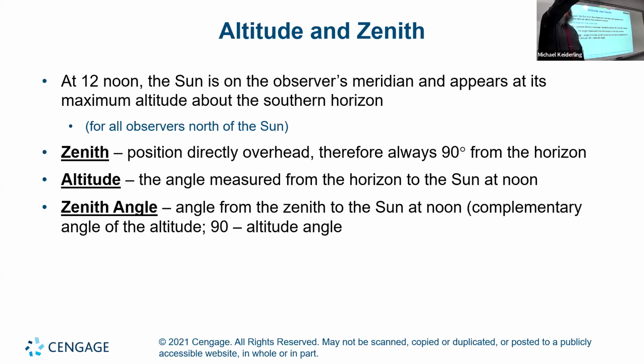So you're measuring from looking out at the horizon up. And the zenith angle is the angle from the zenith down to the object. And that is always going to be 90 degrees minus the altitude. Because the altitude plus the zenith angle gets you to the zenith, and the zenith is 90 degrees from the horizon. So that's how you measure the location of something in the sky. We're mostly going to be talking about the sun.